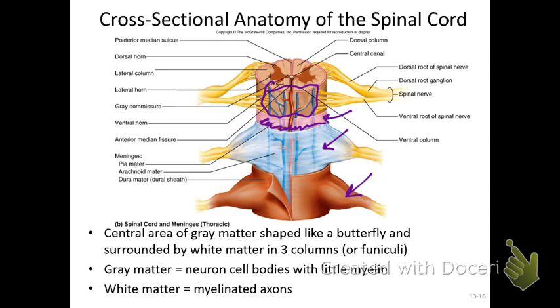You can see also in this image the gray butterfly, the gray matter, and the gray matter of the spinal cord is broken up into three regions called horns. Okay? So there is the dorsal horn, just the backside. There is the lateral horn, change colors.